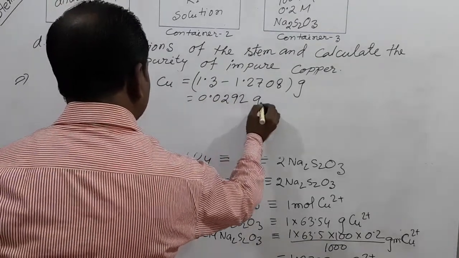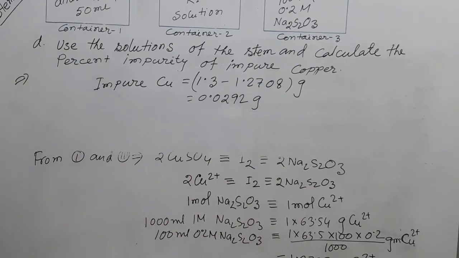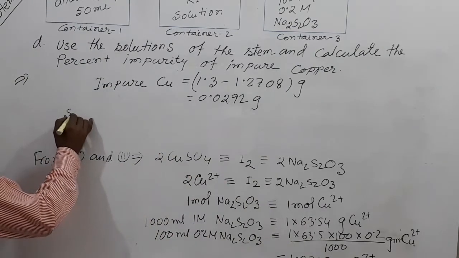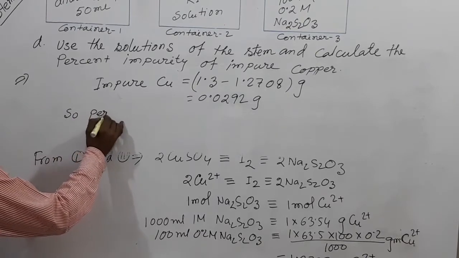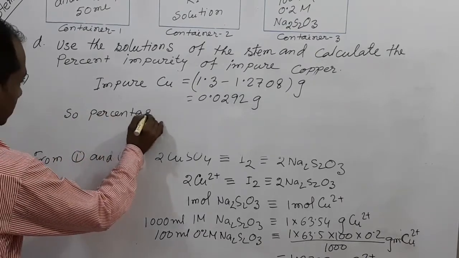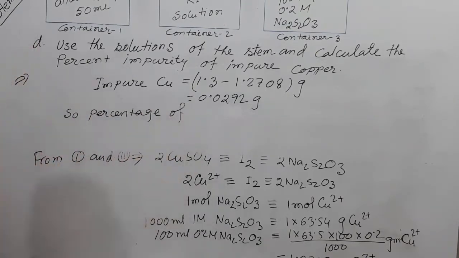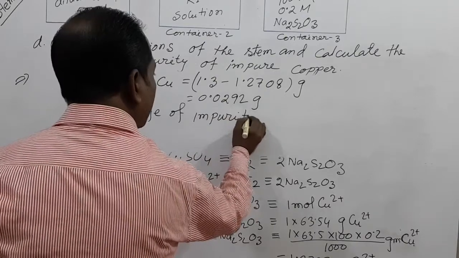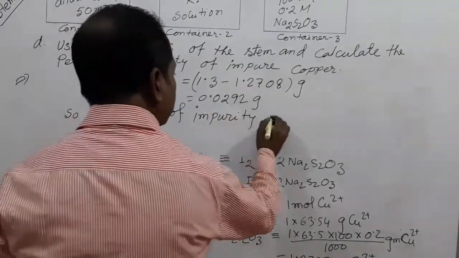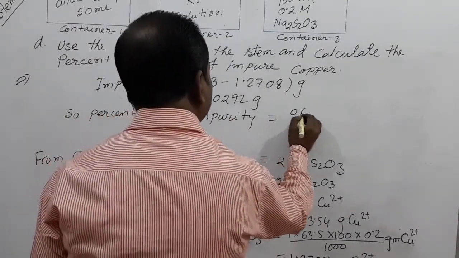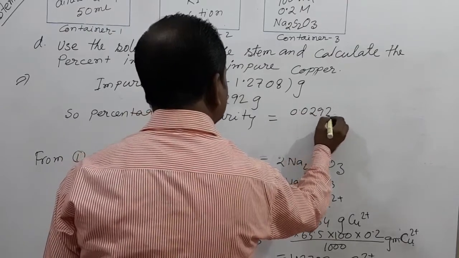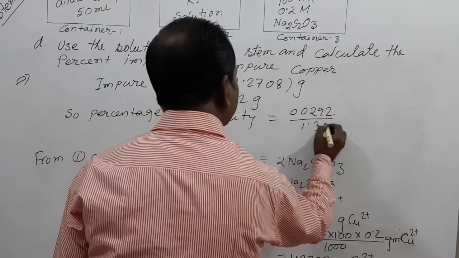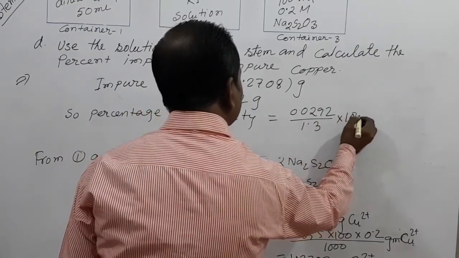So the percentage of impurity equals 0.0292 divided by 1.3 into 100%.